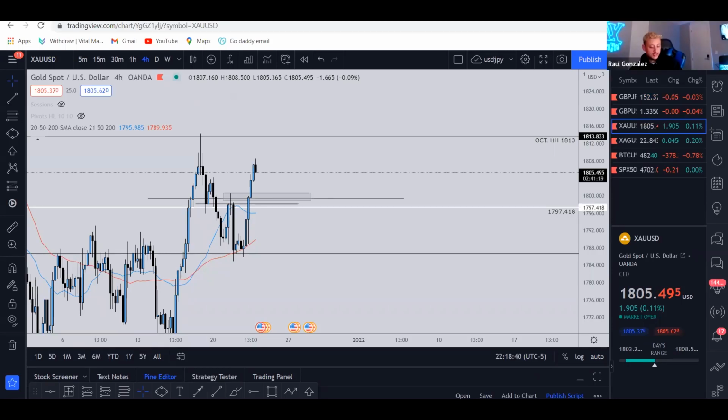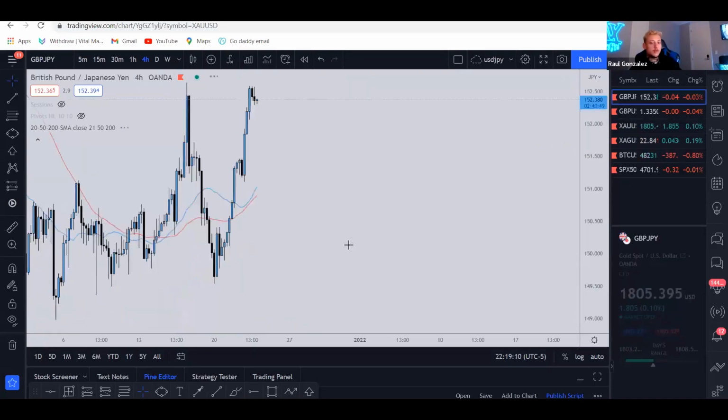Any other questions? I got a question. For entries, do you wait for market structure or just basic candlesticks? Both. It's not about the what, it's about the where. Like that entry you took on that 30-minute on GJ, you just straight saw that was market structure because it was support and resistance right there.